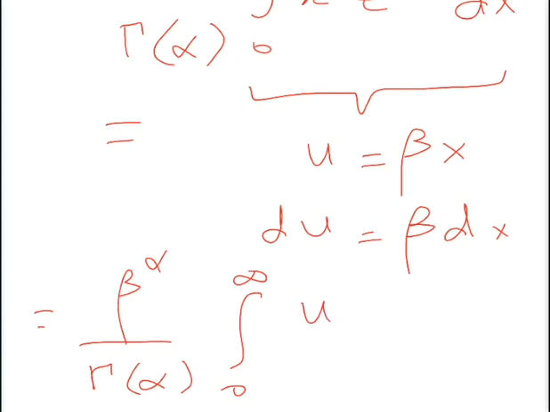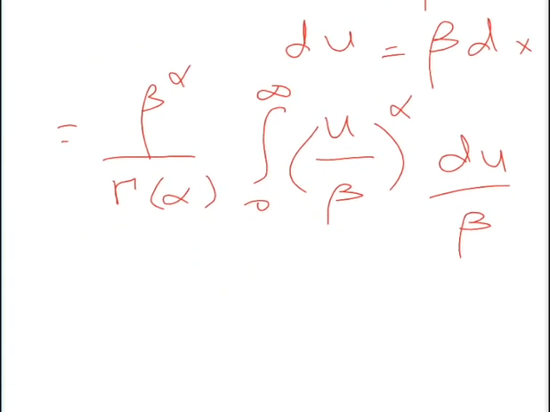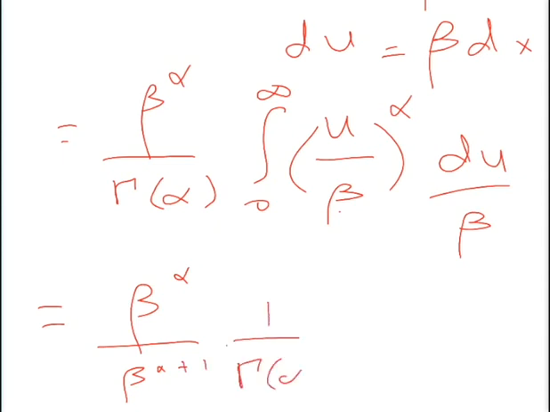So we say u over beta to the alpha times du over beta. Then this beta and this beta go out, and we have beta to the alpha over beta to the alpha plus 1 times 1 over gamma of alpha. Oh, sorry, we have e to the minus u also here, and then we have the integral from 0 to infinity of u to the alpha e to the minus u du.